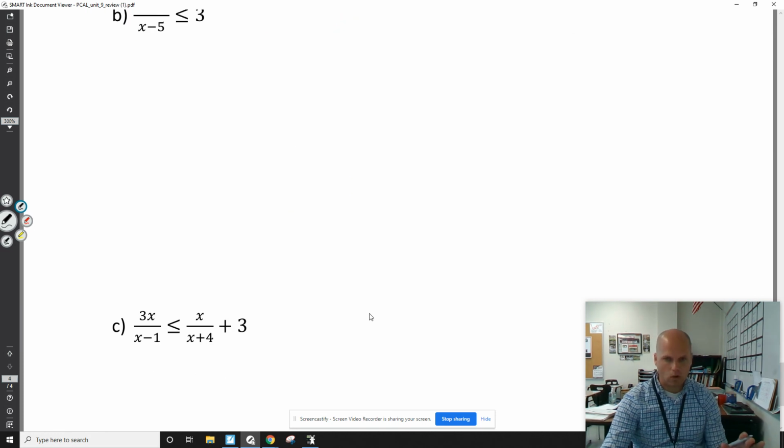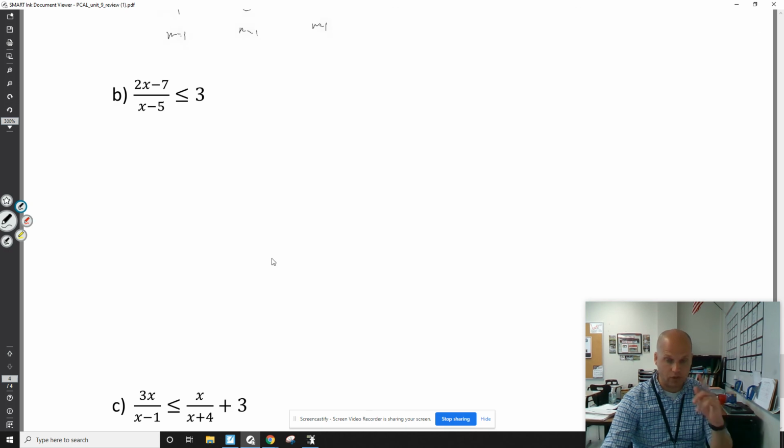I don't think we're going to have any holes the rest of the way, which is nice, but we do have tougher ones. Just like with polynomials, zeros, undefineds, having everything on one side equal to 0, crucial. So even though it looks like I want to multiply both sides by x minus 5 and put everything up, it actually eliminates one of my solutions, which is 5 as a possible sign change location.